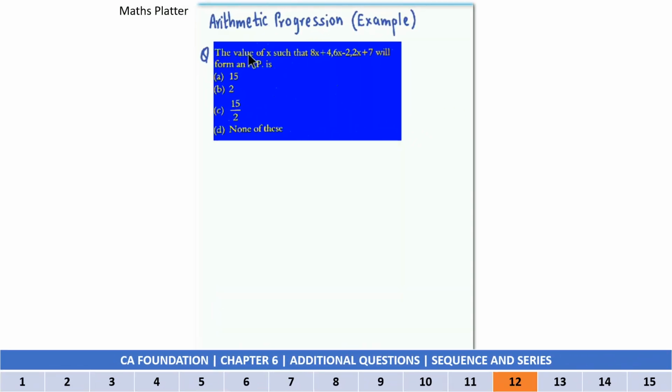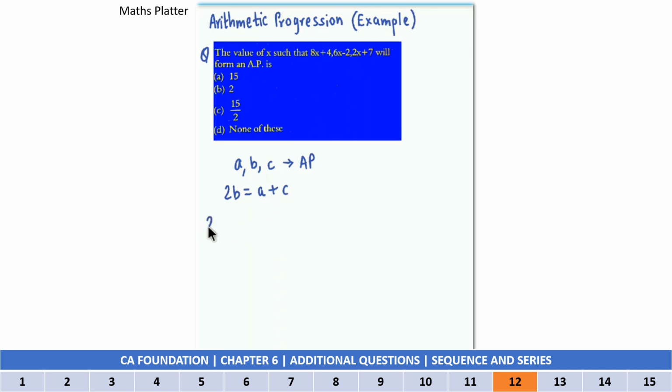The question is, the value of x such that 8x plus 4, 6x minus 2, 2x plus 7 will form an AP is. Now we know that if A, B and C are three terms in AP, then 2 times the middle term, that is 2 times B, is equal to A plus C. So we consider this as A, this as B, this as C, and we simply substitute in this equation.